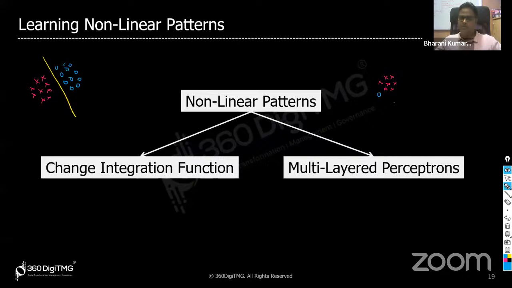And if you have data like this, it's non-linear. It's a non-linear pattern.